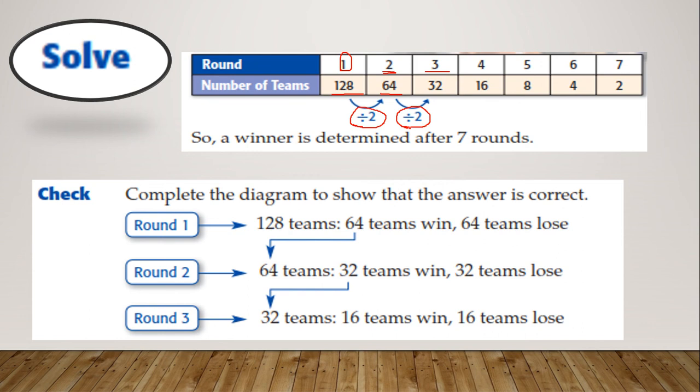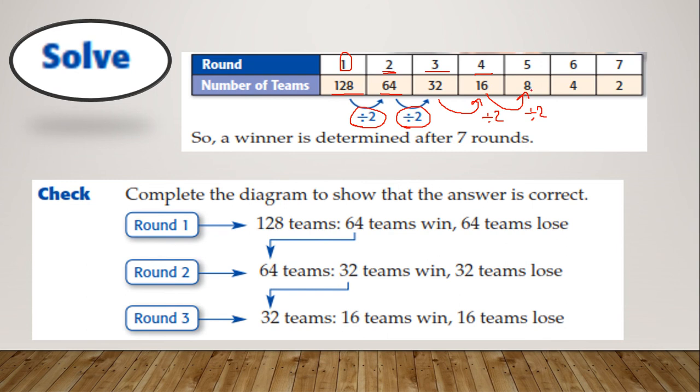So according to that, we are in a pattern of dividing by 2. So in the fourth round he will also divide by 2. So it will be 32 divided by 2, that will give you 16. In the fifth round we also divide by 2, so 16 divided by 2 will give you 8.